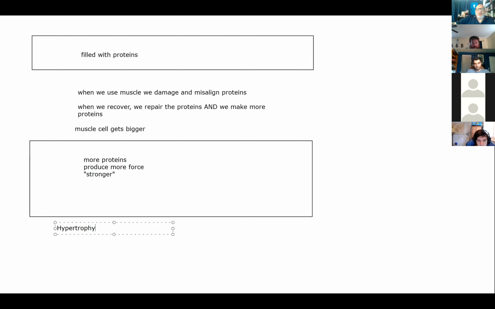We don't make more muscle cells. Our muscle cells get bigger with use. And that's the key to this as well.